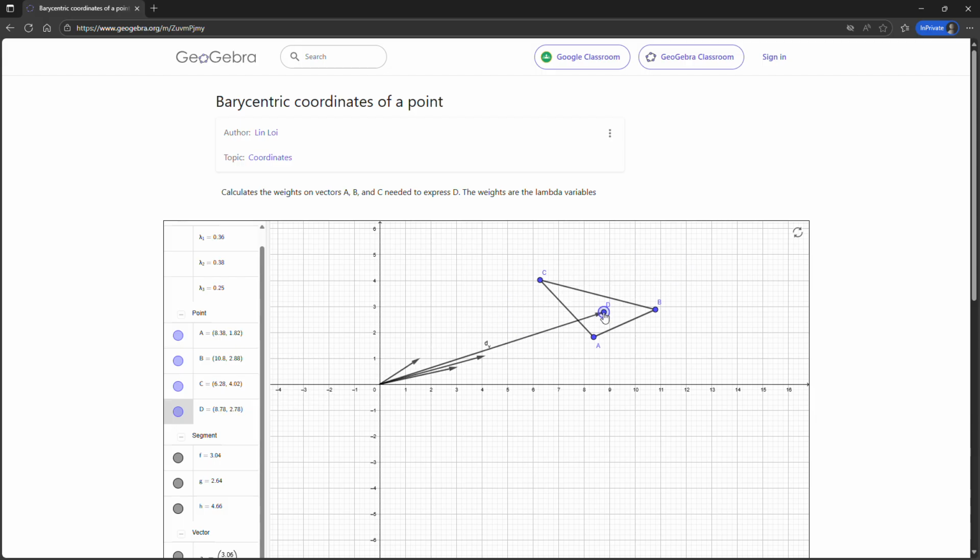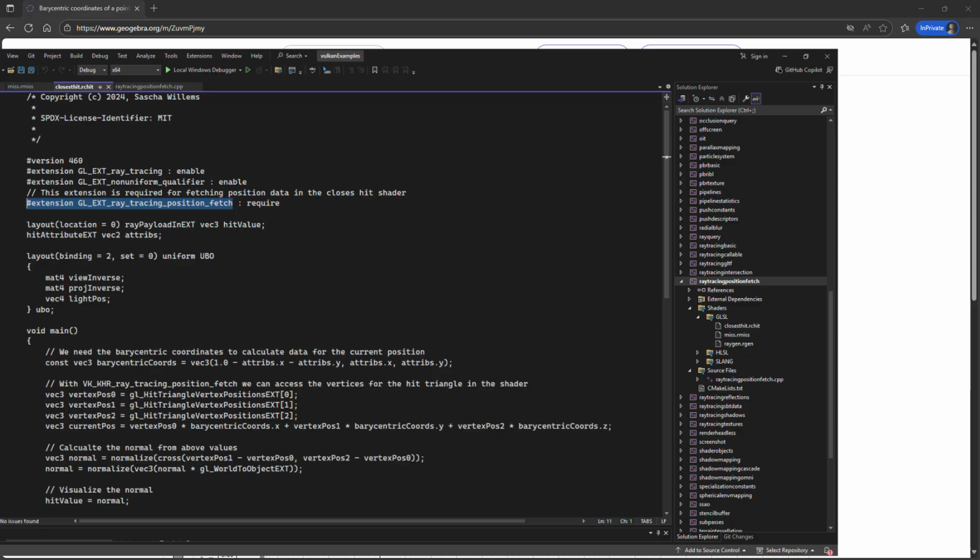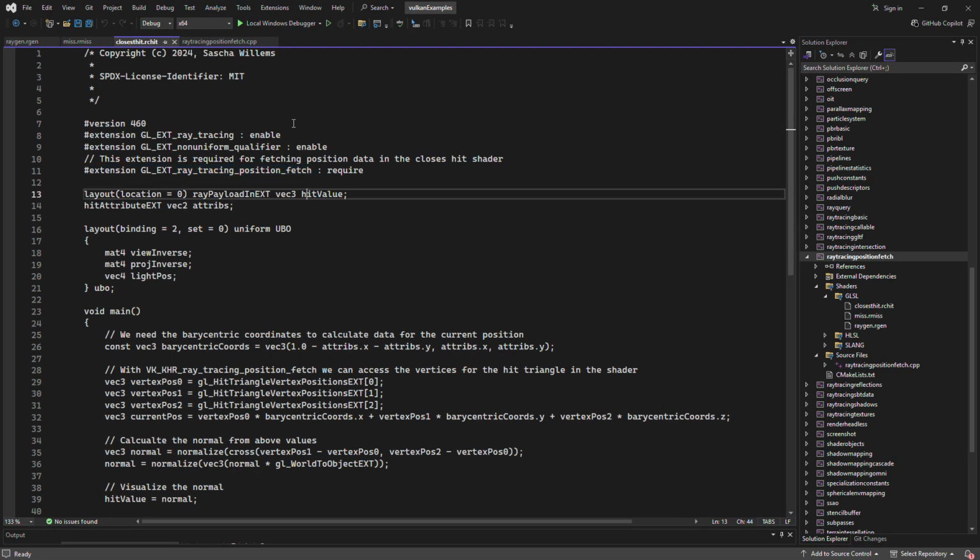But yes, guys. So this is what we're trying to solve. We know our relative weights. That's easy for the GPU to give us, but then we want the coordinates of the vertices. So let's get back into the application, and I'll start with the most direct and obvious thing. In the hit shader, we have to declare this extension: GL_EXT_ray_tracing_position_fetch require.